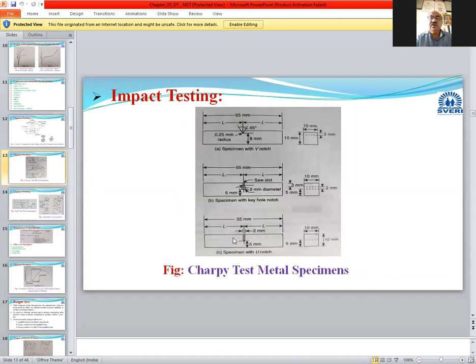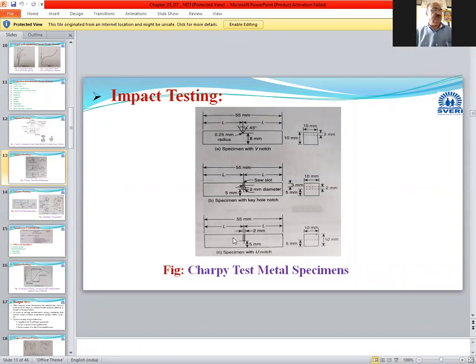So these are the specimens, the Charpy test specimen as well as the Izod impact test specimen. In the Izod impact test specimen, normally we make the notch in the cantilever region, around 22 mm from one end. And in the case of the Charpy test, we make the notch at the middle. In the Charpy test, normally the specimen size is around 75, but in the Izod impact test it is normally around 55.